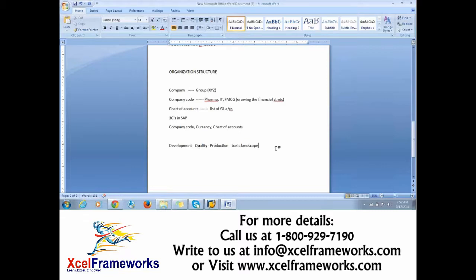We do the configurations in the development system. Configuration is nothing but all this organization structure and whatever we create to help the end user create the transactions. All the configurations that we do in the development system will be stored in a TR, or transport request.